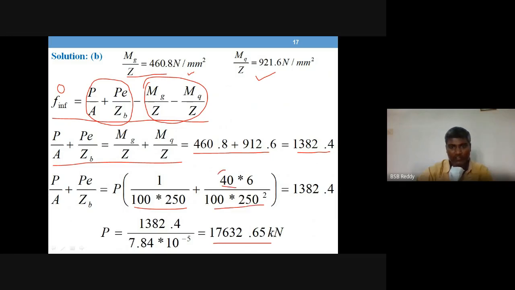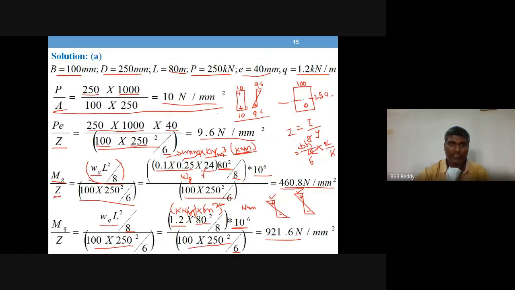Okay, this is E divided by Z, BH square by 6 goes to numerator. So that is equal to 1382.4. Finally, P value comes to 17,632.65 kilonewtons. Okay, looks abnormal because the question should be like 8 meters or so.